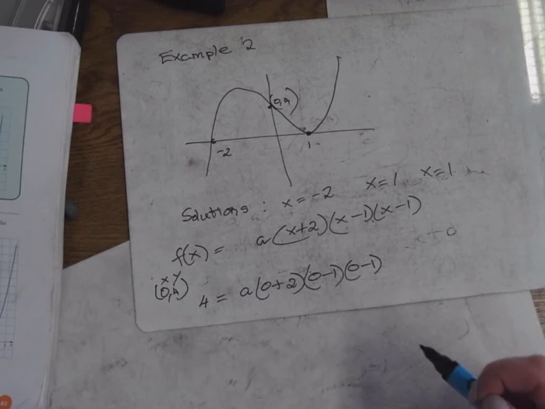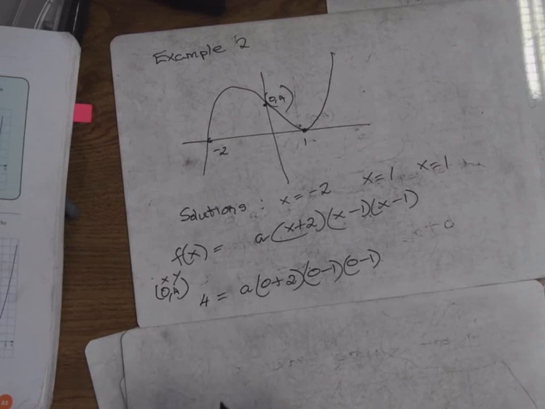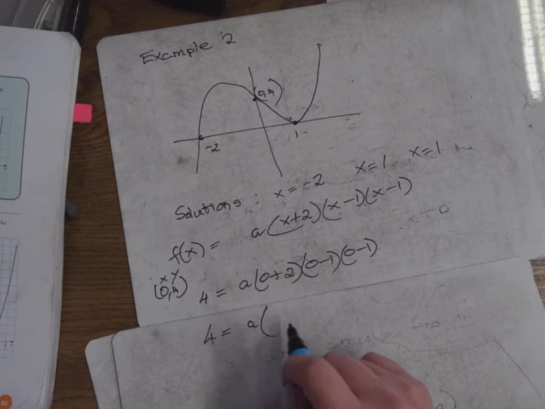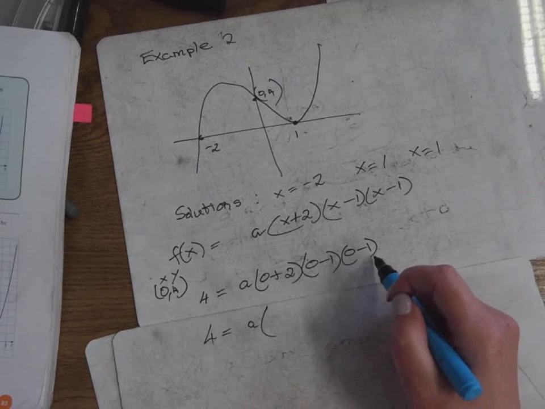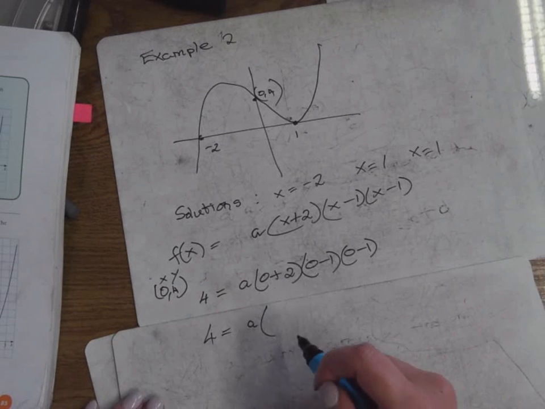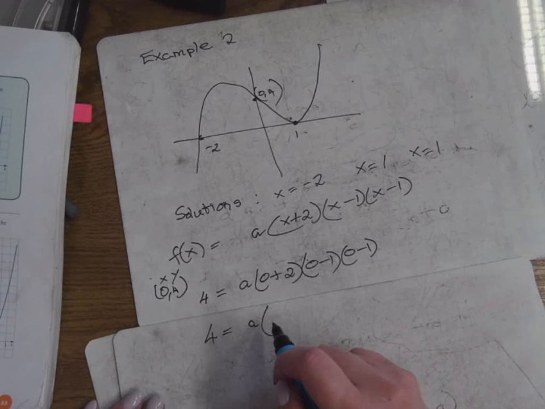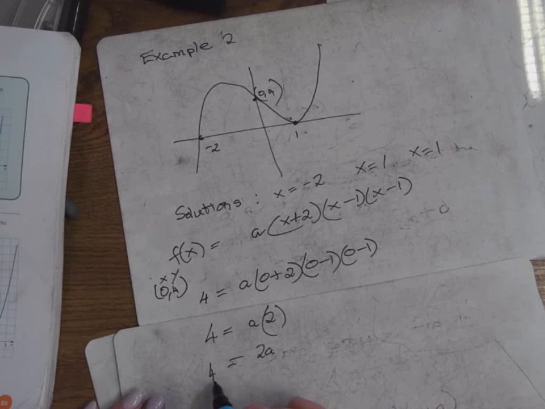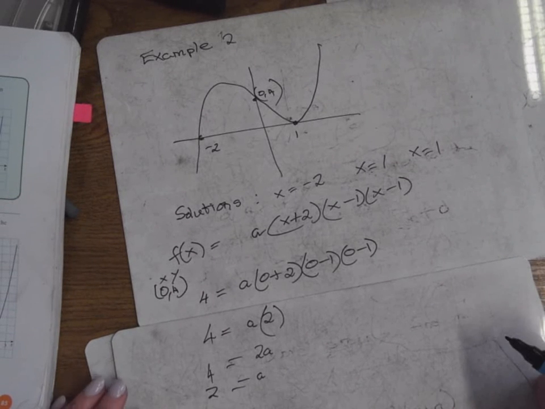Okay, so that means 4 is equal to a times, multiplying, that's 2, minus 1, so 2 times minus 1 is a plus anyway, plus 2, isn't it? So that's 2a equals 4, so that means a is equal to 2. Okay, is that alright? Yes.